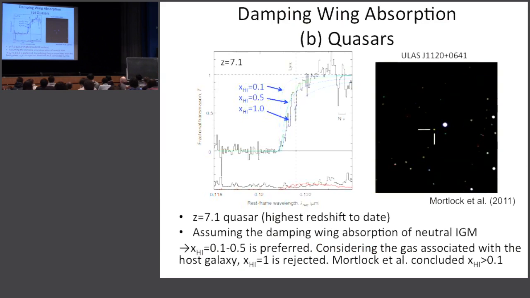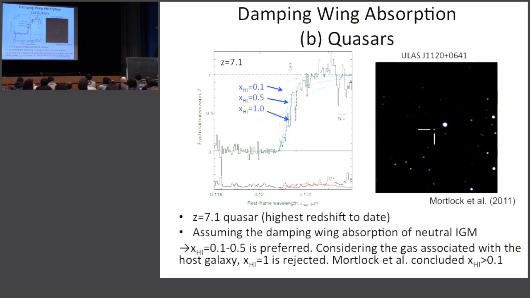And the second background source is the quasars. And this is the highest redshift quasar, at redshift 7.1. And well, you can fit the damping wing absorption feature. The quasar is quite complicated, having the proximity effect and so on.